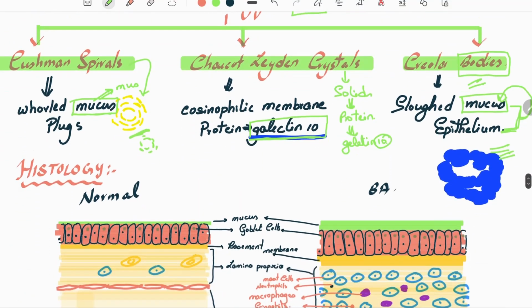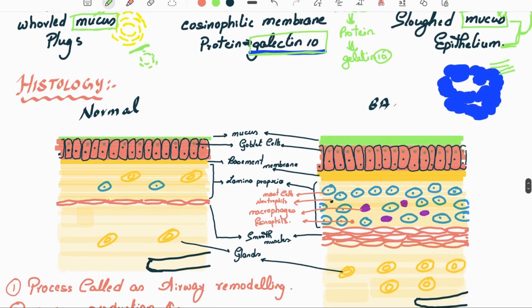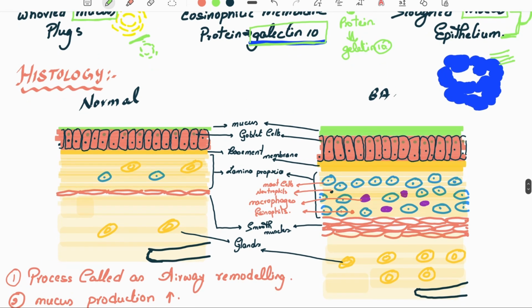Now let's compare the histology of a normal lung and a lung affected with bronchial asthma. By seeing these two pictures you can understand everything. For example, this is the mucus lining. Please observe the mucus lining in both images. It is very thin here and very thick here. Next is the epithelium, where you can see the difference in goblet cells.